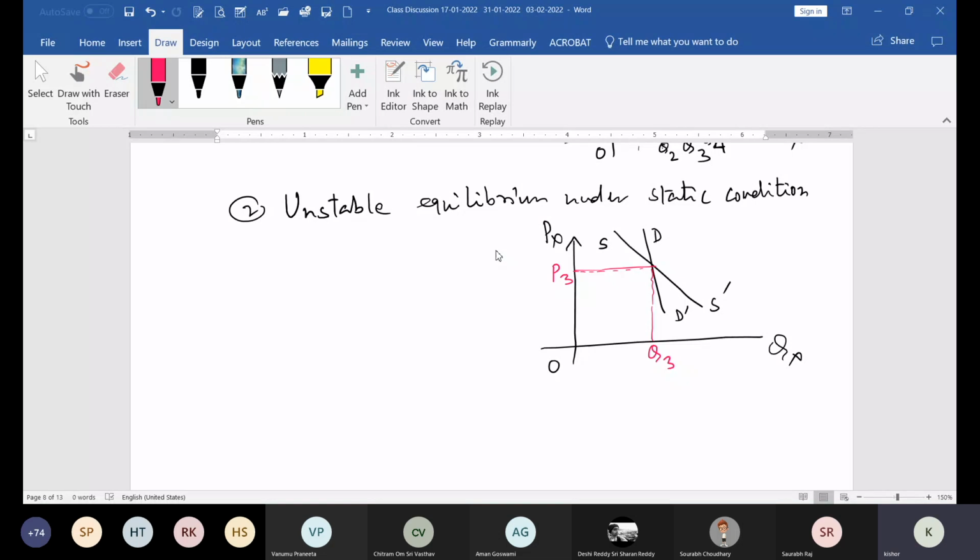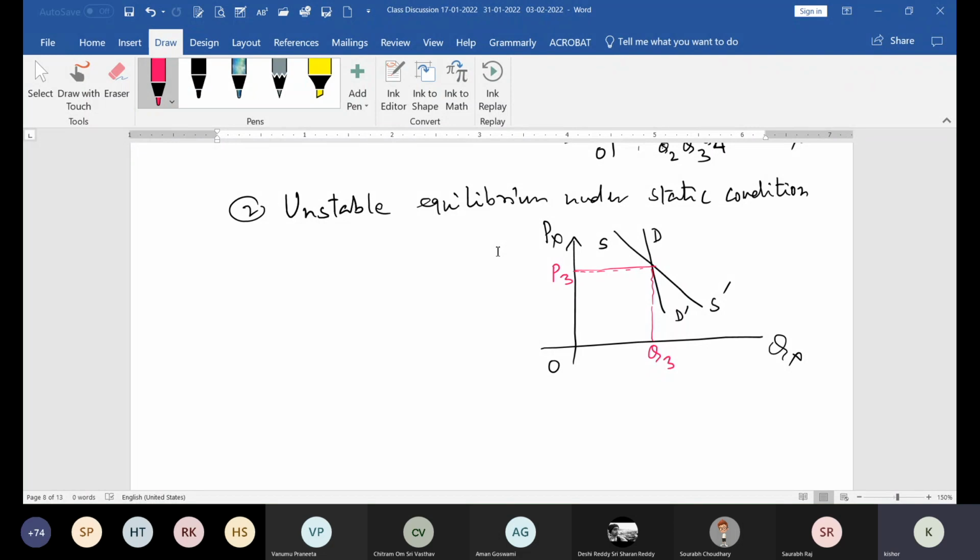The situation here is like that: when price is more, you are supplying less. When price is less, you are supplying more.